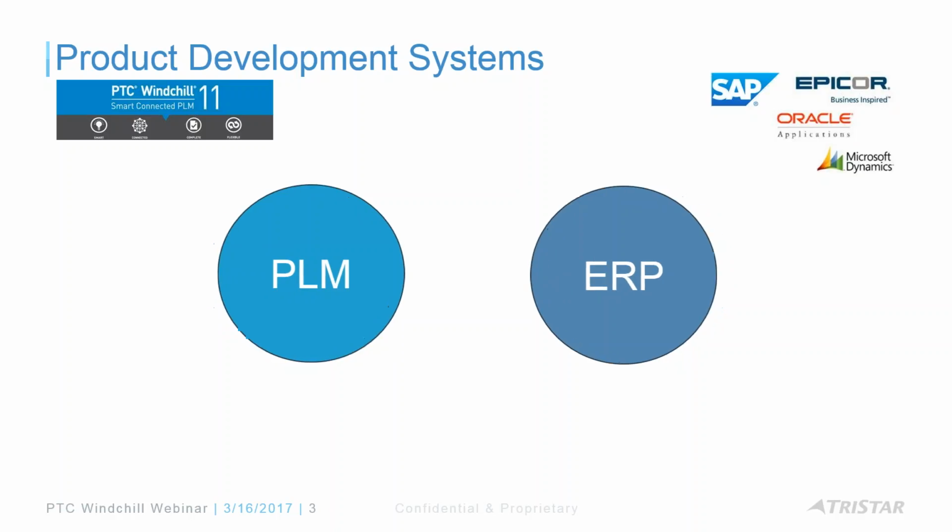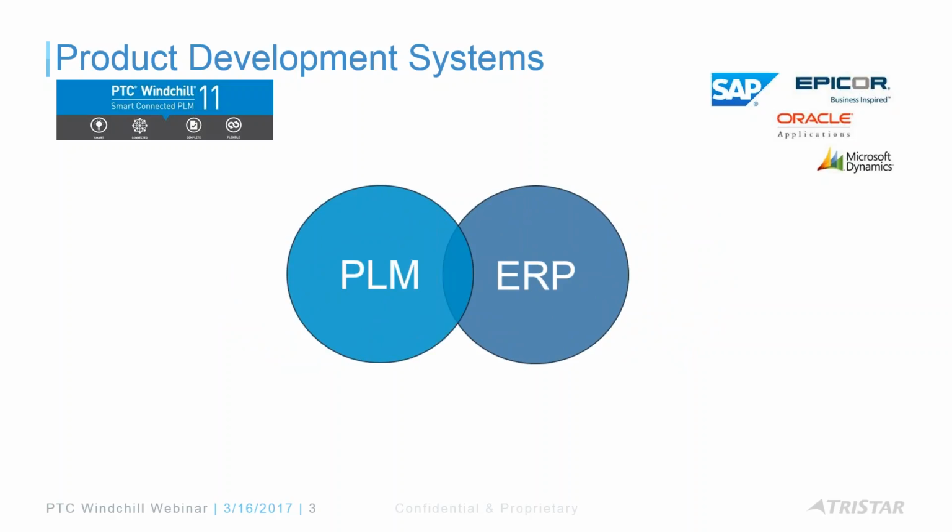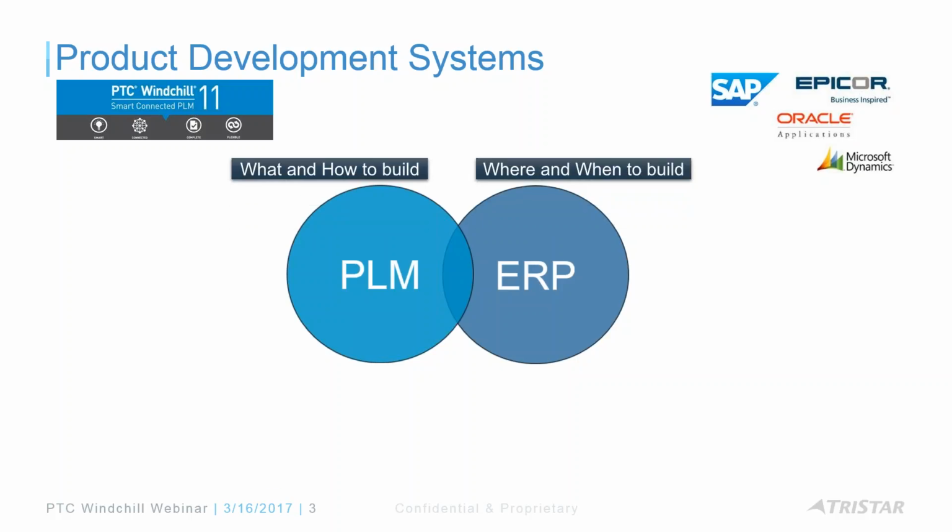Sometimes there is overlap between those systems, especially for some of the processes around supplier management, BOM management, configuration management, more of the product configuration management. And really, the systems are necessary in most companies as companies grow, because one system will not handle everything for you.